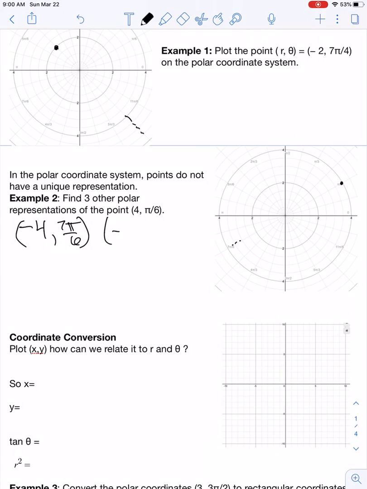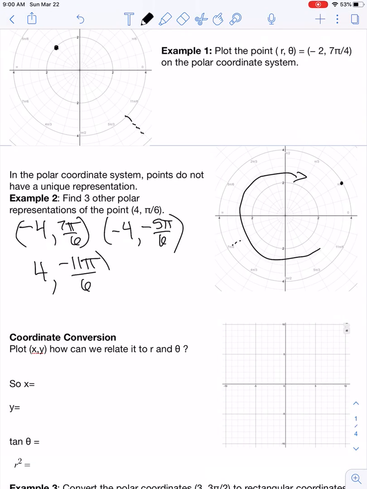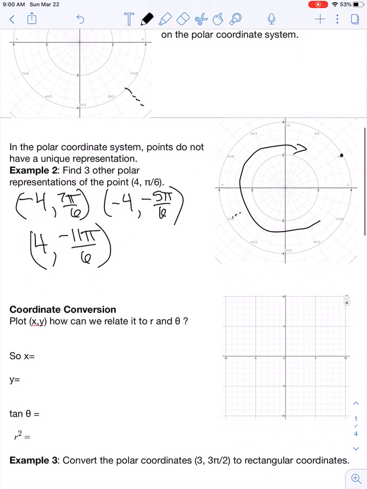Or negative 4, and if I made the angle negative, that would be negative 5 pi over 6. Or if I use a negative angle and a positive 4, I would have to come all the way around like this, and that angle would be negative 11 pi over 6. So those are 3 different representations for the point 4, pi over 6.